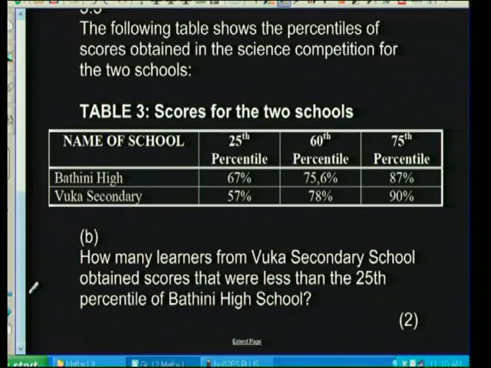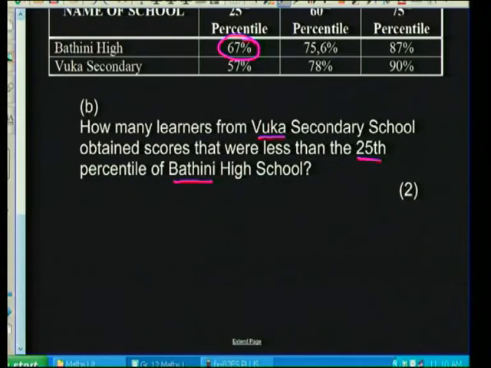How many learners from Vuka Secondary School obtained scores that were less than the 25th percentile of Bethany? So we are looking for less than 67%, and we're looking for Vuka High School. I always like to write out what I'm looking for.